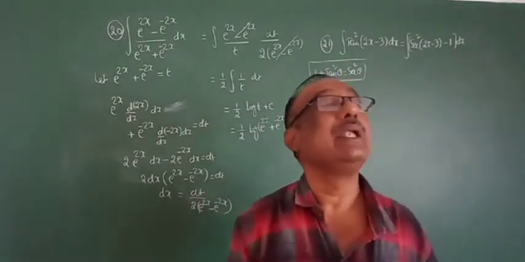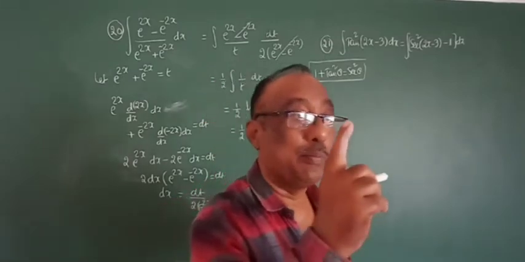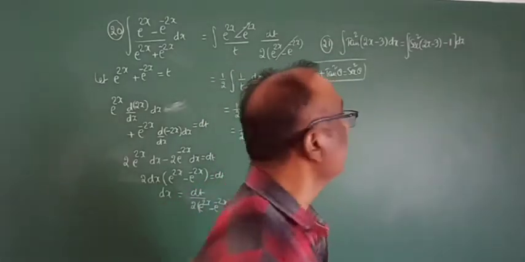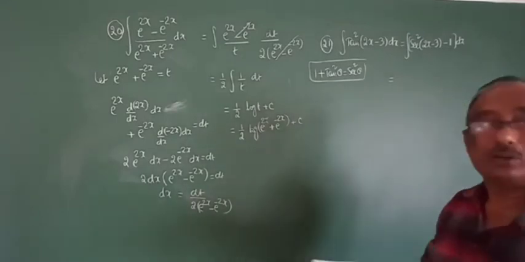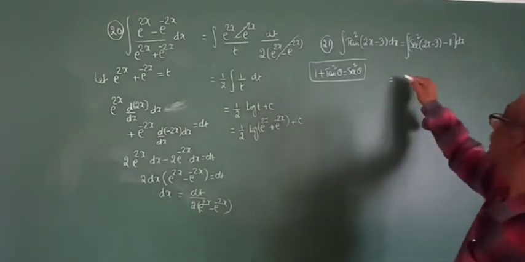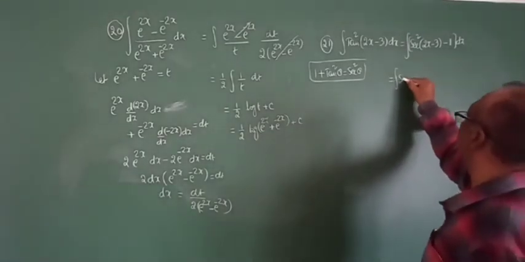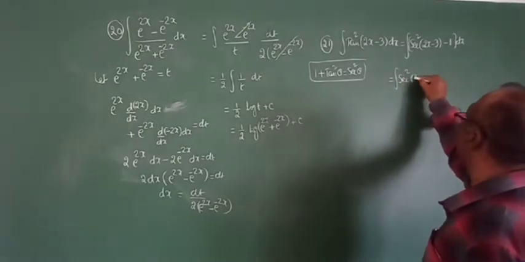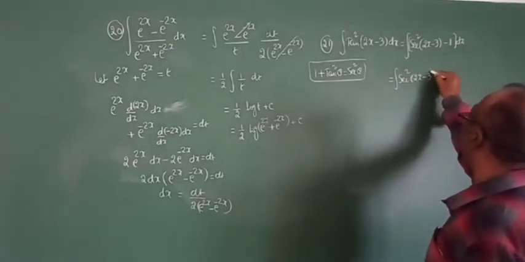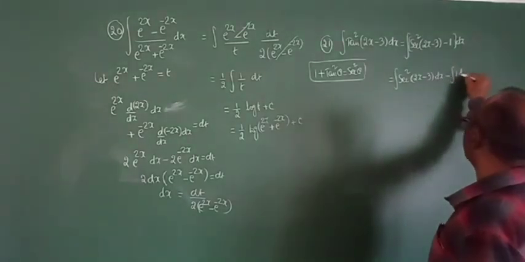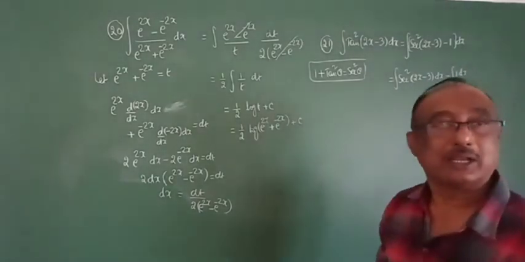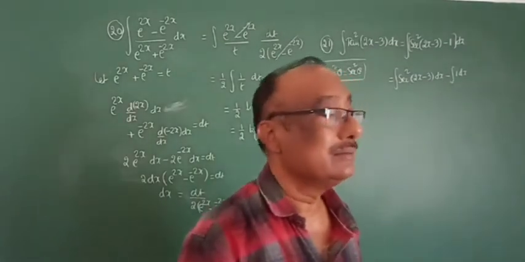We have to do the integration with respect to x variable. Alright, minus means separate into two parts: integral of secant square of 2x minus 3 into dx, minus integral of 1 into dx. Is it clear?